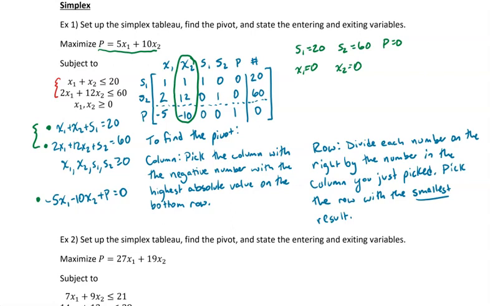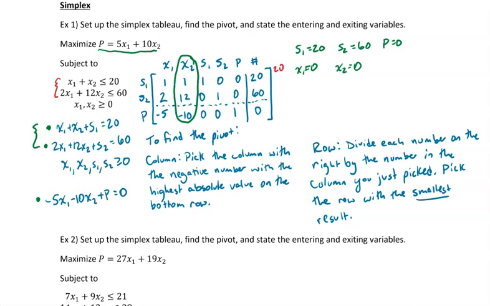Okay, so what I mean there is we are going to take the numbers on the right side, except we can ignore the one on the bottom. Our pivot will never be in the bottom row, the P row. So just the 20 and the 60, we're going to divide them by the numbers in the column that we already picked.